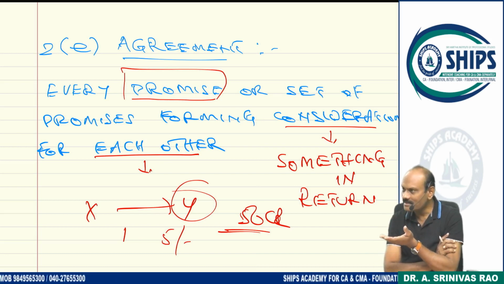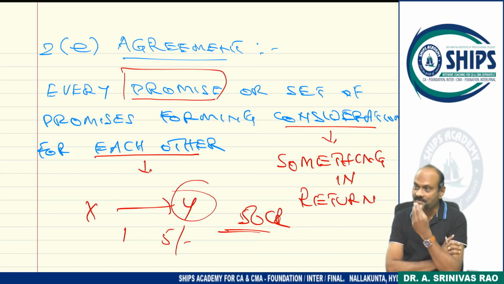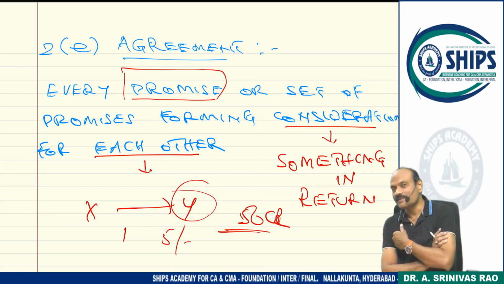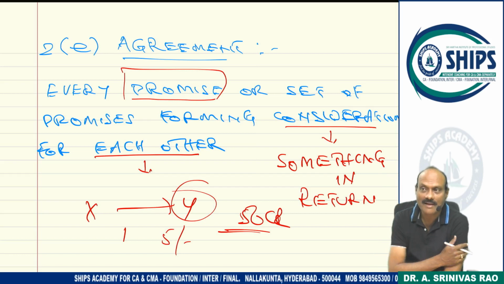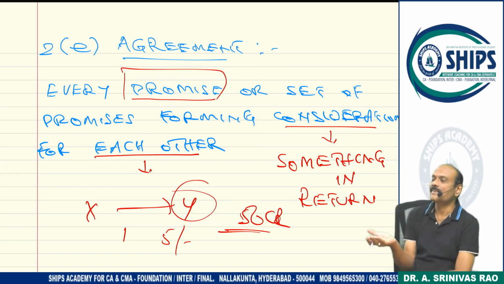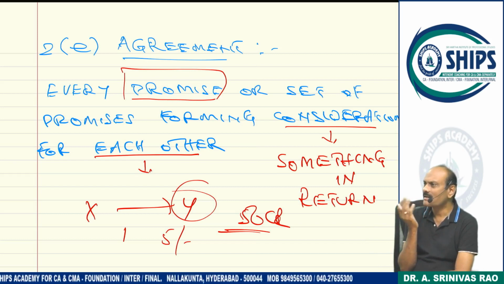Do you know how to speak? The Constitution of India has given a fundamental right to freedom of expression. You can speak out. Tell me, what's the meaning of a promise? I definitely do it. Obligation. Obligation means? Okay.